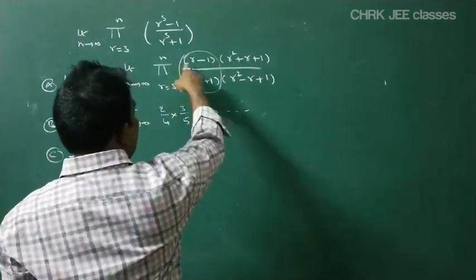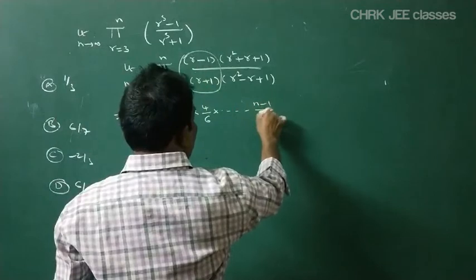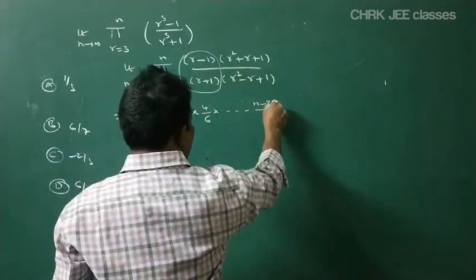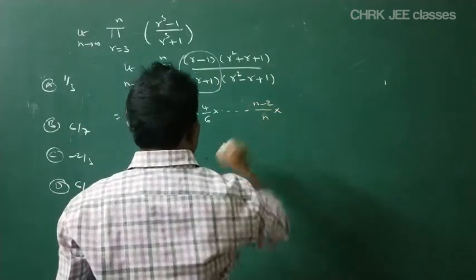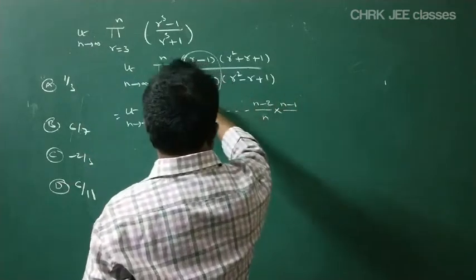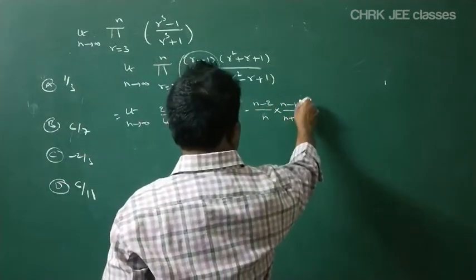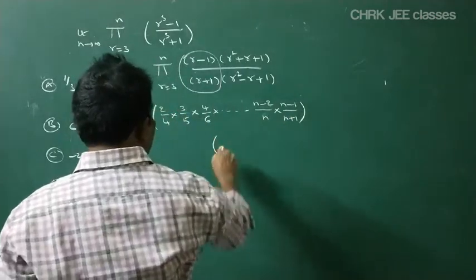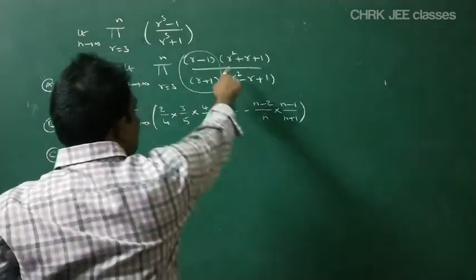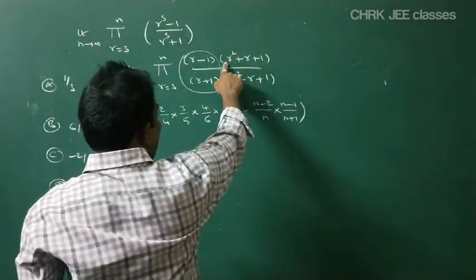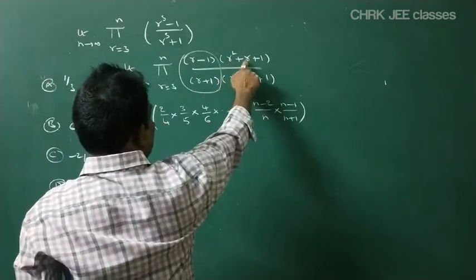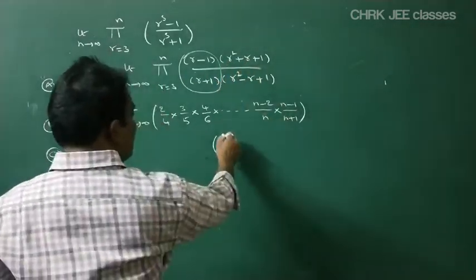By substituting n minus 1, n minus 2 by n into, after that by substituting n minus 1, n by n plus 1. By substituting the values r equal to 3 to n here, by substituting 3 here, we are getting 9 plus 3. 9 plus 3, how much? 12. 12 plus 1, 13.